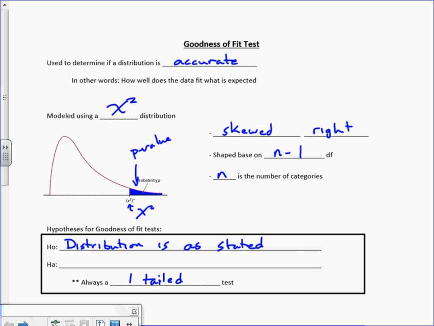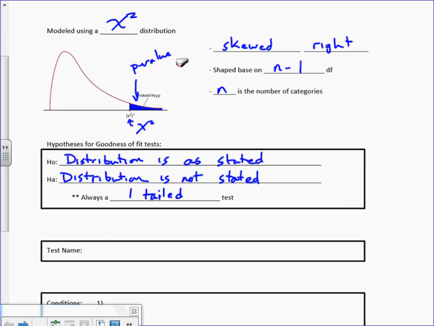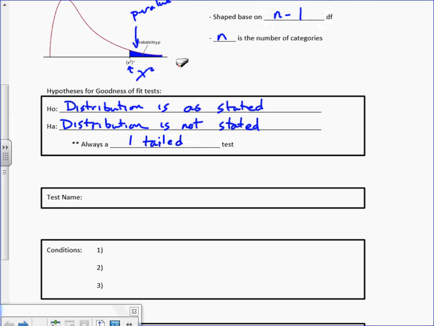If all of a sudden something seems off about your bag, you might run a chi-squared goodness of fit test, taking a look at the alternative, which would be that the distribution is not as stated. Now, here's the one big thing. There's going to be some given distribution for you. Again, this is called a chi-squared goodness of fit test, but you might also see it as GOF.